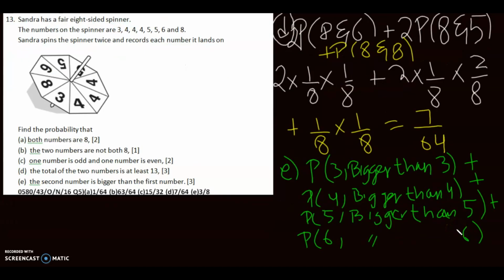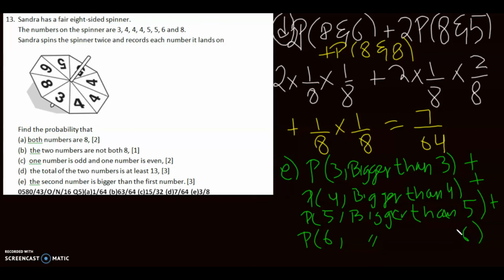So these are all the cases. Probability of getting a 3 in the first spin and then a number bigger than 3. Probability of getting 4 in the first spin and then getting a bigger number than 4. Probability of getting 5 in the first spin, then a bigger number after that, and probability of getting a 6 and then a number bigger than that. I'm not going to use the probability of 8 and then a number greater than 8 because there's no number greater than 8. So let's find all these probabilities.